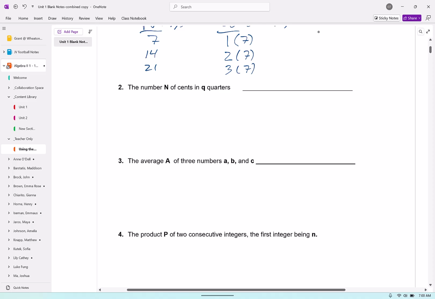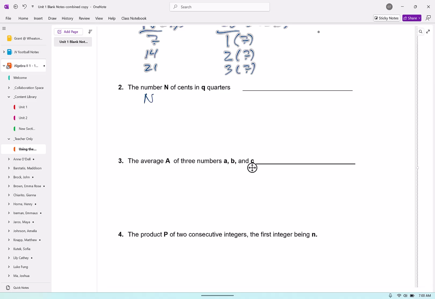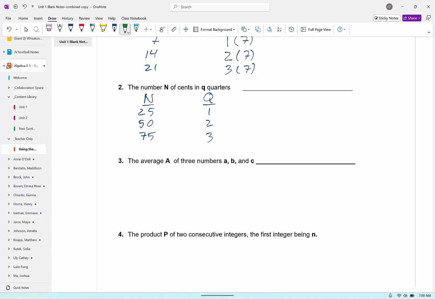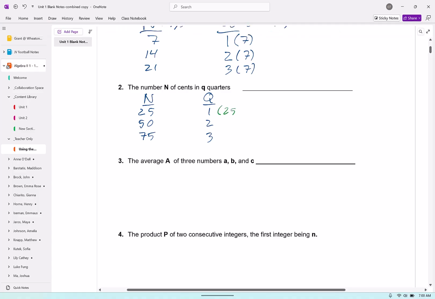Similar type of situation. I have a certain amount of cents that I'm trying to find with quarters. I know that in 1 quarter I have 25 cents. In 2 I have 50 cents. In 3 I have 75 cents. So what am I multiplying by in order to do this? I'll do a different color: 25 for all of these.